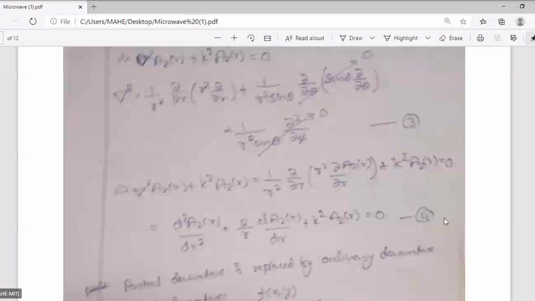Please go through till equation 4. If you have any questions, ask me. Any questions? Please go through till equation 4.